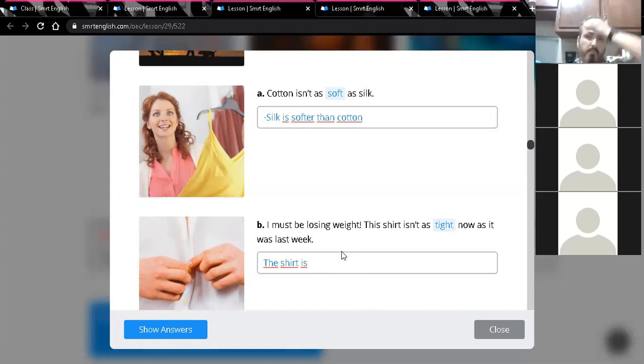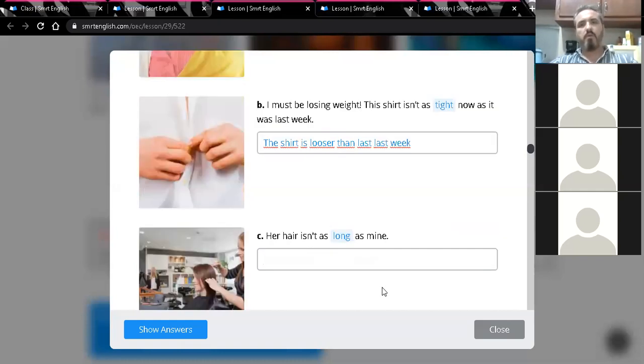Okay, so this shirt is loose. What is the comparative form of loose? Looser. This shirt is looser than what? Last week. It was looser last week. This shirt isn't as tight now as it was last week. So then it means that it is looser than last week. Last week was tighter.